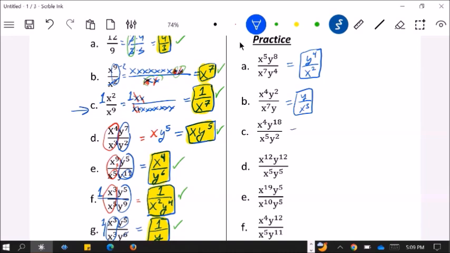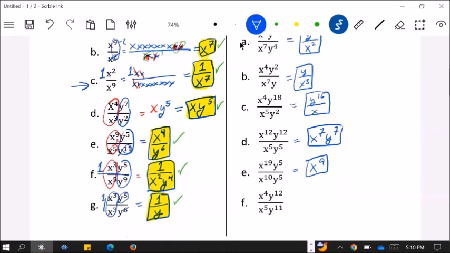And c is y to the 16th over x. And d is equal to x to the 7th over y to the 7th. E is equal to x to the 9th. And f is equal to y over x.